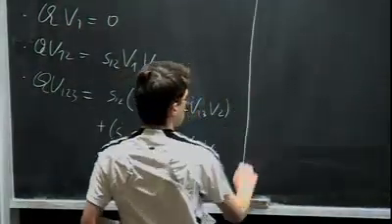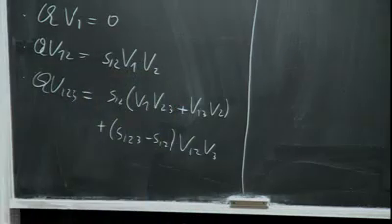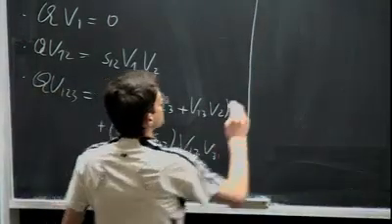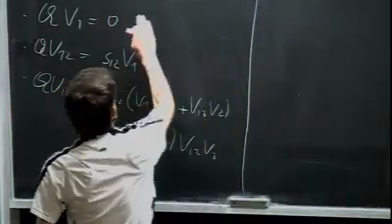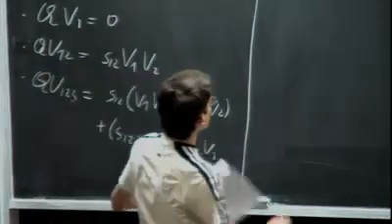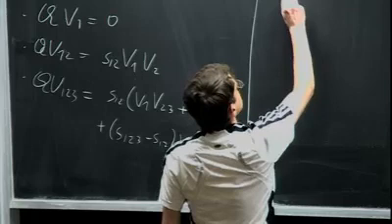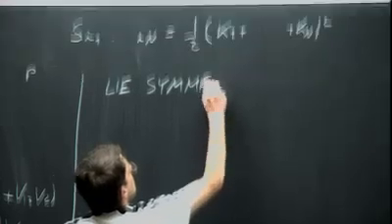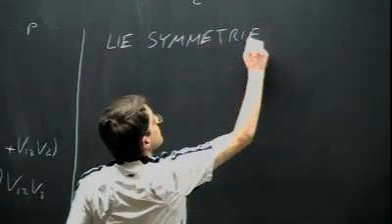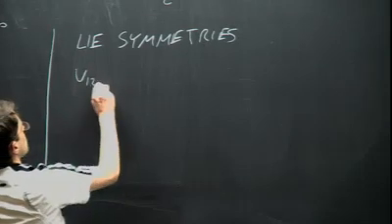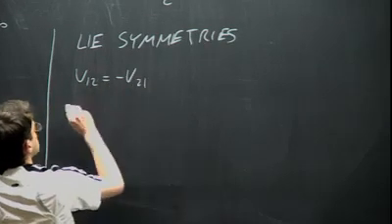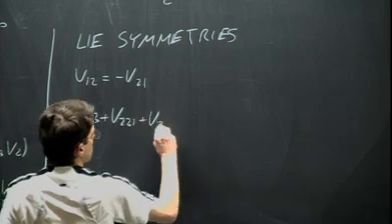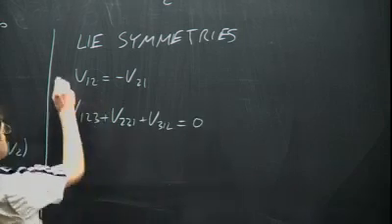You can start to see some structure here, but now let's see. Oh, and I also said that these VBs satisfy Lie symmetries. In particular, V12 is minus V21, and then V123 plus V231 is 0, and so forth.